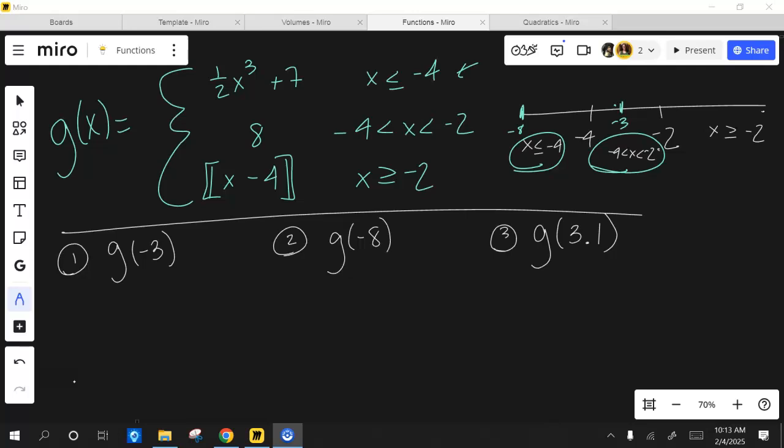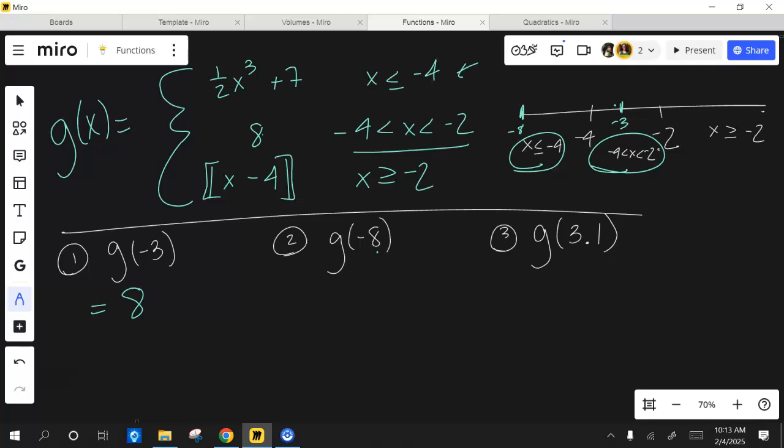That falls between -4 and 2, so this would just equal 8. Nothing else, just 8. No, because there's no x on it. If there was an x on it, yes, but there's no x on it. It just says that no matter what you plug in between -4 and 2, you get 8 back out.